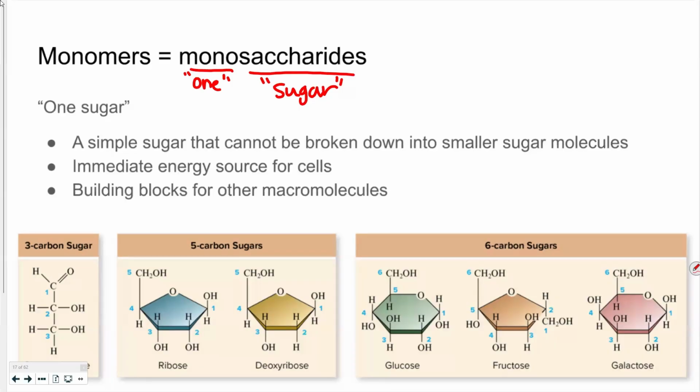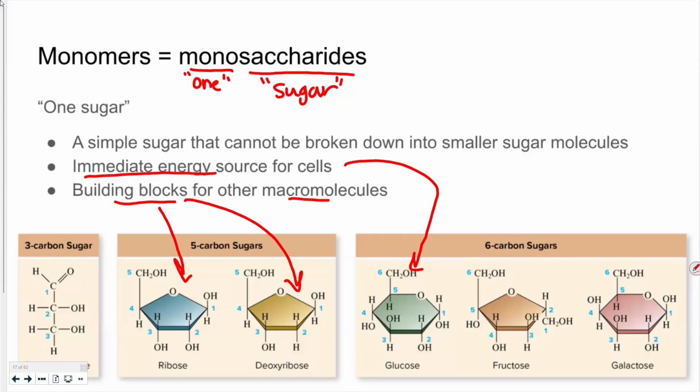And this is what we're going to use for our immediate source of energy for cells, specifically our friend glucose. And we can also use these as building blocks for other types of organic molecules that we're going to talk about. And we can talk a little bit here about our friend ribose, which is a 5-carbon sugar. So anytime we see a little bend in this chemical structure, even though there's not a C there, if there's a bend there, there's a carbon. Okay, so we have this 5-carbon sugar of ribose.